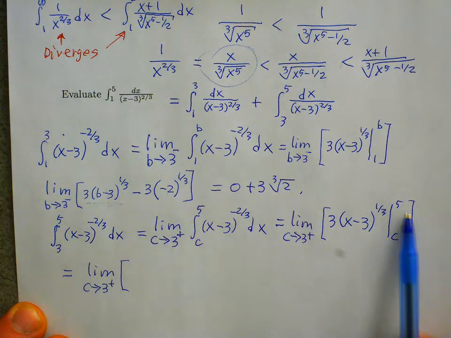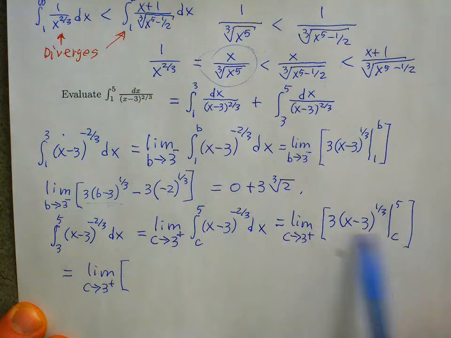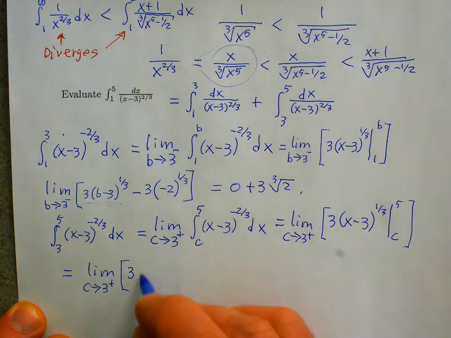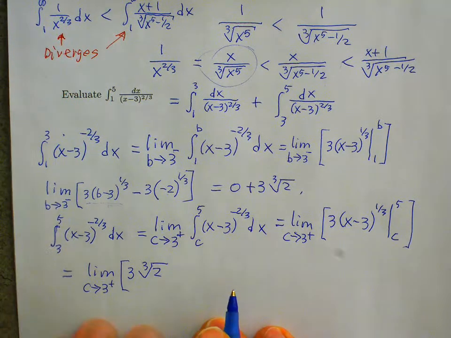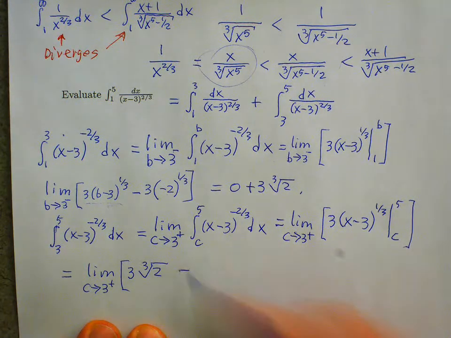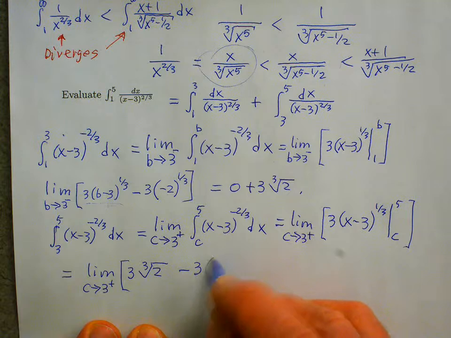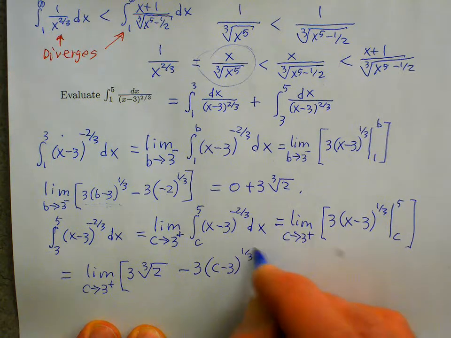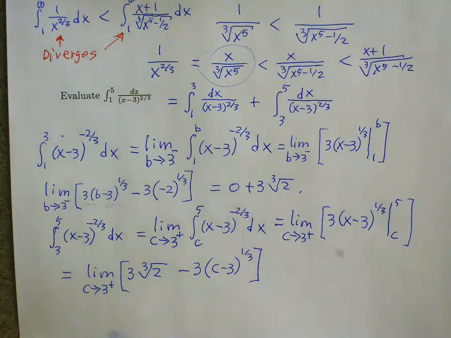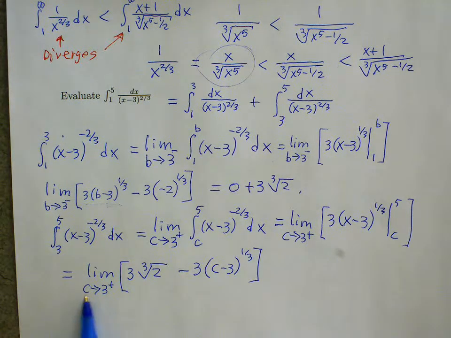Okay, so when x is 5, we get 5 minus 3 is 2, or 3 times 2 to the 1/3. I'll just write it as 3 times the cubed root of 2. And then minus 3 times c minus 3 to the 1/3. Now we take the limit. As c approaches 3, this term approaches 0.